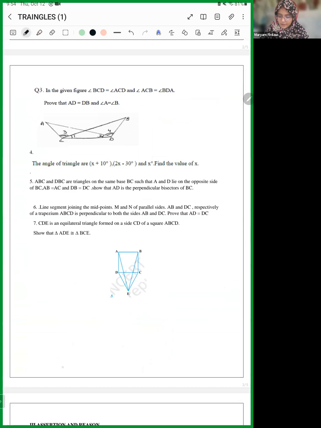So it looks like this. I am just going to make it like this.